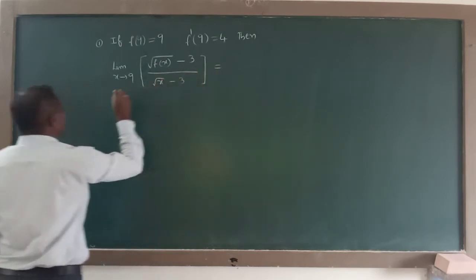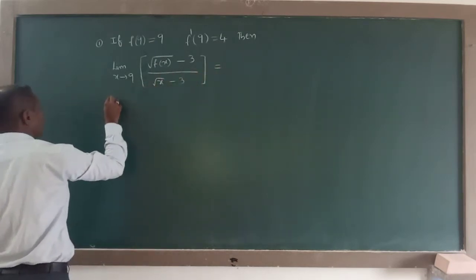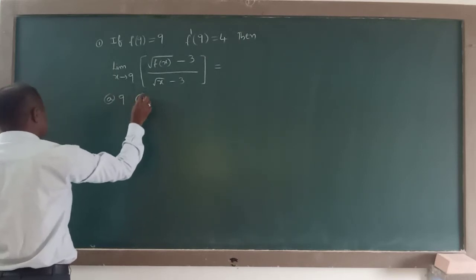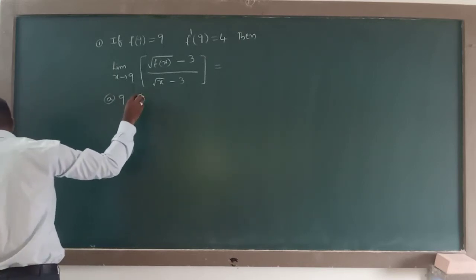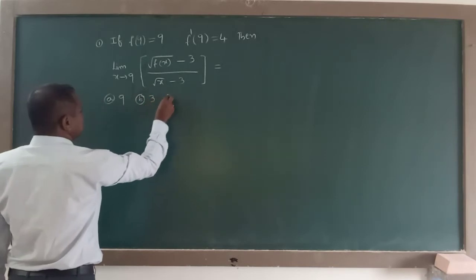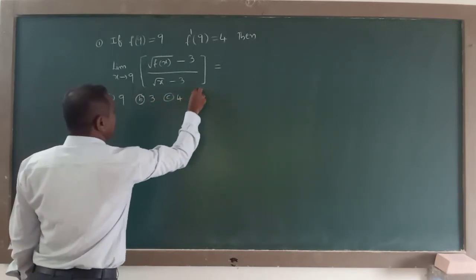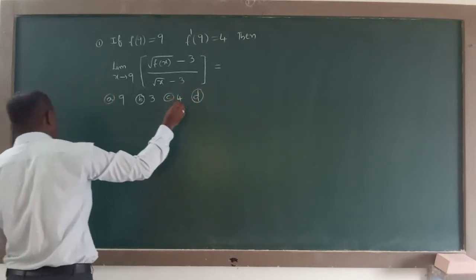For this they give options: A option is 9, B option is 3, C option is 4, and the last, D option is 7.